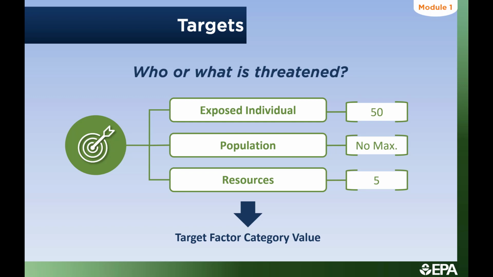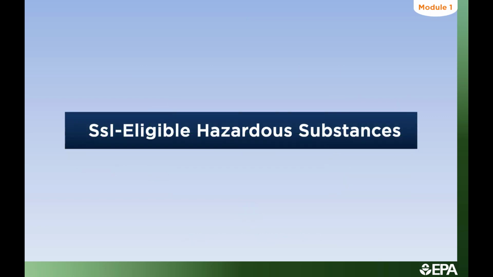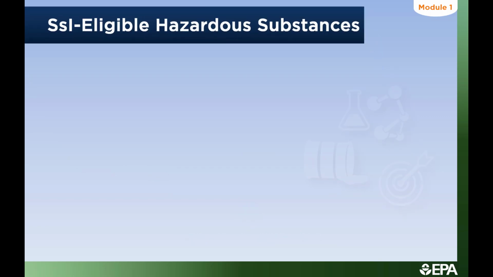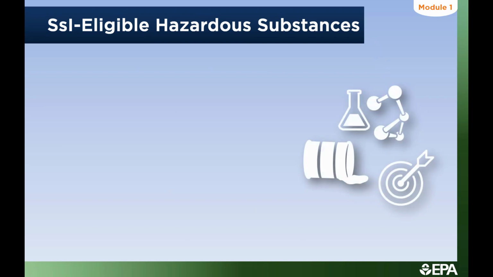Now that we've covered all three factor categories, there are two additional topics specific to the SSI component to review. The first is, what hazardous substances are eligible for consideration? For an HRS evaluation, regardless of pathway, we know that the hazardous substance or substances included in the evaluation must be a CERCLA hazardous substance, pollutant, or contaminant.